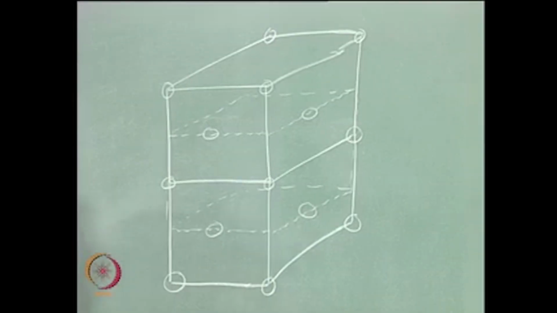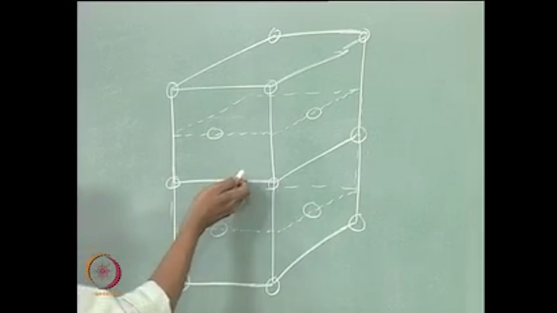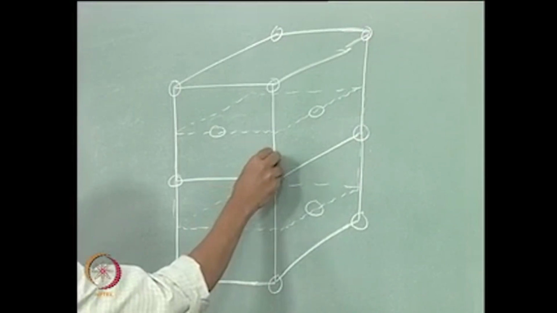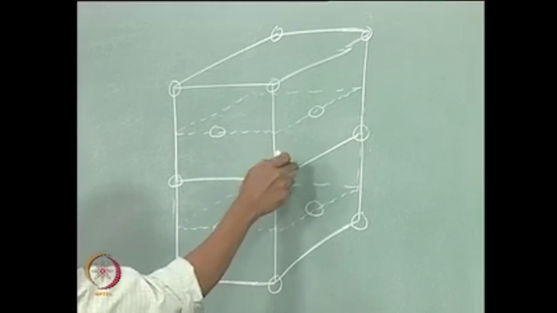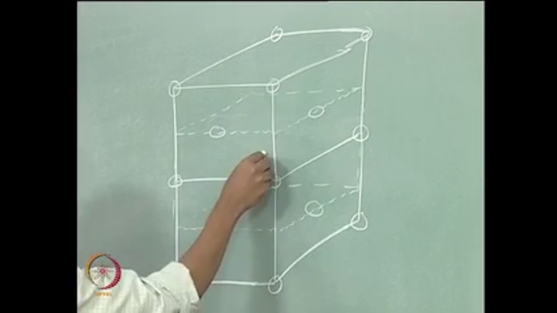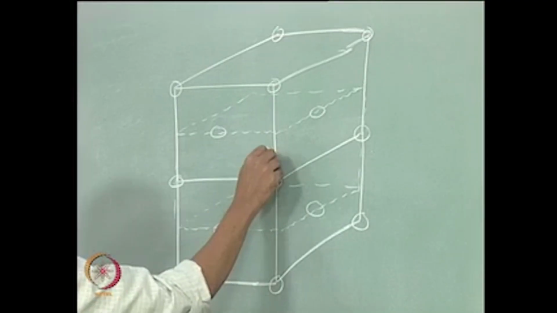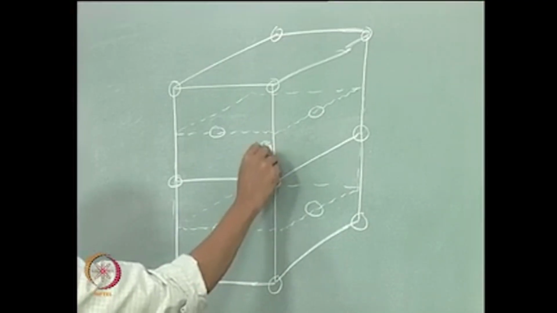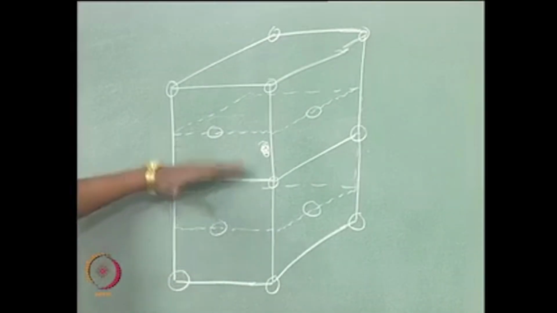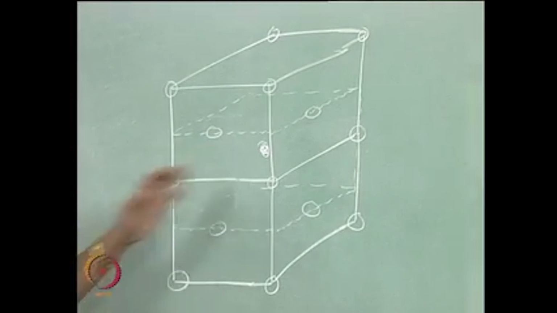The reason we would like to do this is because this plane, which is between these 2 unit cells, has right in the middle of it one lattice point. That is the face center of this basal plane of this unit cell or the top plane of this other unit cell. So right in the middle there is an atom, a lattice point, which is the center of this plane between these 2 unit cells.